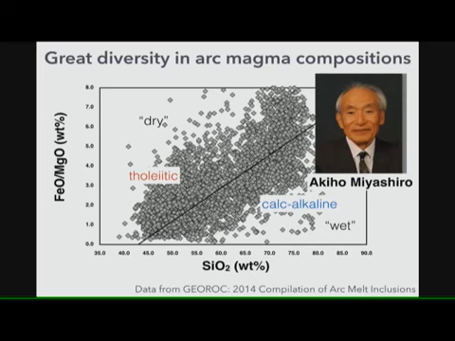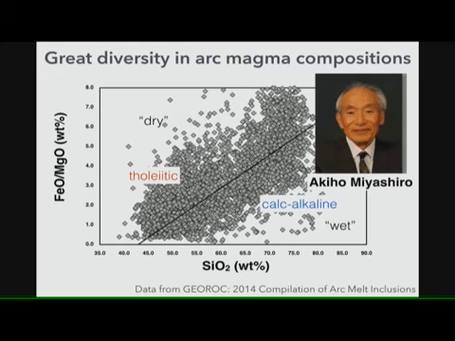So it's Miyashiro-san, we should say, who developed this diagram as a way of thinking about the compositional diversity of magmas generated at arcs. He noticed that we see both calc-alkaline rocks, those that have a higher silica to iron over magnesium ratio, compared to tholeiitic rocks, which have lower silica and a higher iron to magnesium ratio.